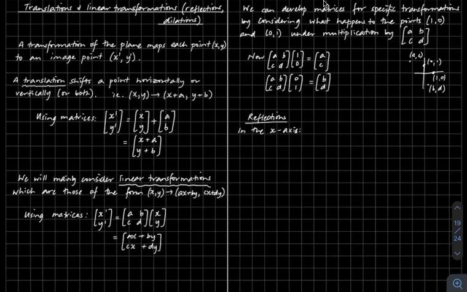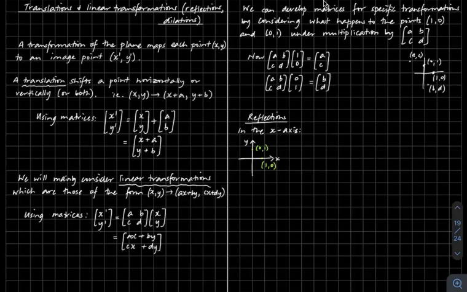x-axis. Alright, so I'm going to sketch a little sketch here and say, if I started off with the points 1, 0 and 0, 1, and I reflected both of them in the x-axis, where would they end up? Well, any point that's lying on the x-axis won't move at all, will it?